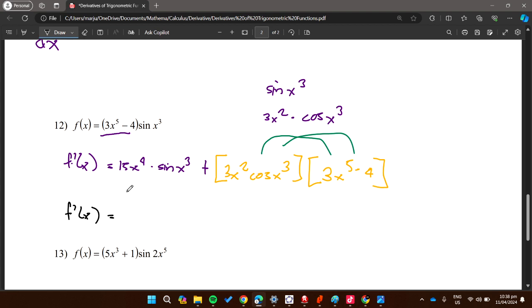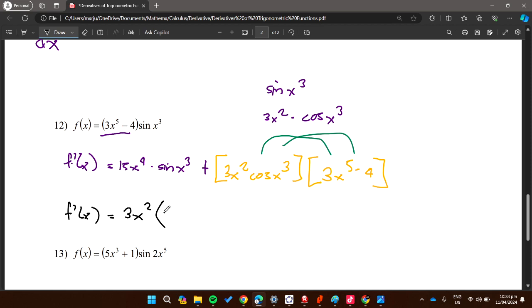Let me see again. I'll factor out 3x squared. Alright, I think this 3x squared, and then let me see, 3x to the fifth. Right, this one.